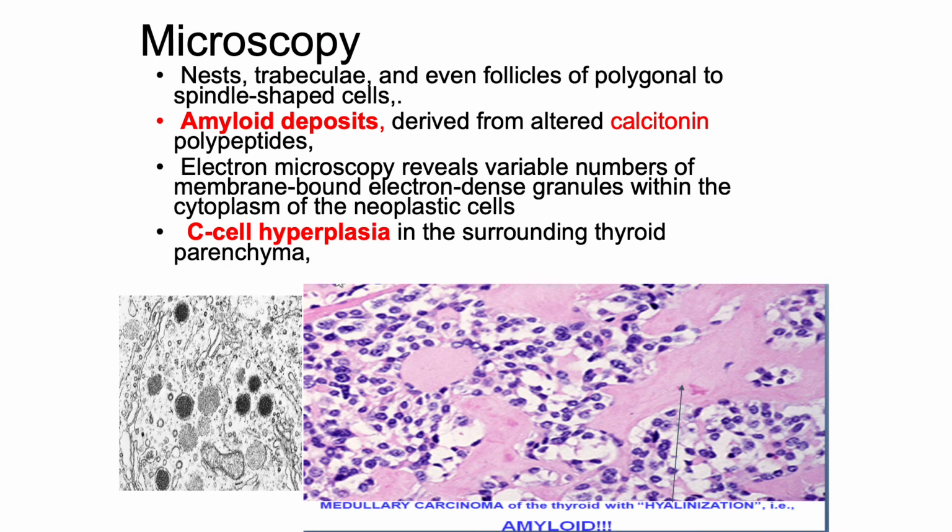Microscopically, it shows nests, trabeculae, and follicles of polygonal to spindeloid shaped cells, and the cells usually show granular cytoplasm with fine granules present in the cytoplasm. There is presence of hyalinization, hyaline material, which is actually amyloid, and this amyloid is very well illustrated by Congo red special staining, and these neuroendocrine granules are very well illustrated inside the cytoplasm of the cell through electron microscopy.